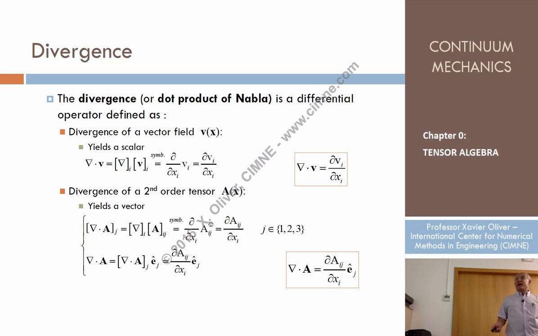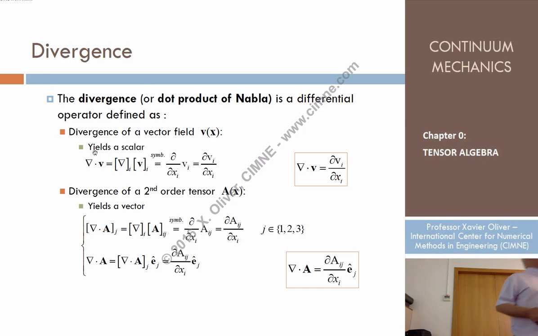Again, this is a monomial with two repeated indices and one free index j. By the way, I would like to take advantage of this moment to tell you something. What about if I change in this repeated index, instead of putting i, I put k. So if I say this is equal to the derivative of akj with respect to xk, it's the same.